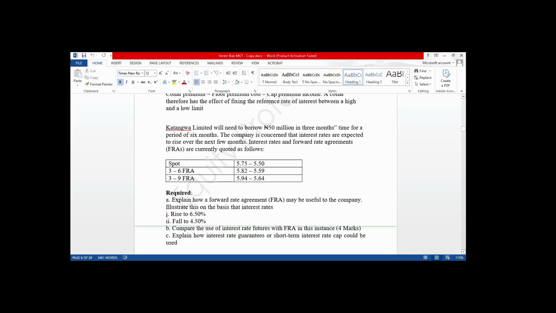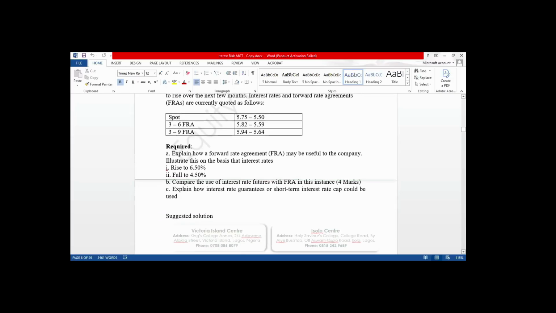Requirement A. Explain how forward rate agreements may be useful to the company, illustrating this on the basis that interest rates rise to 6.5% or fall to 4.5%.